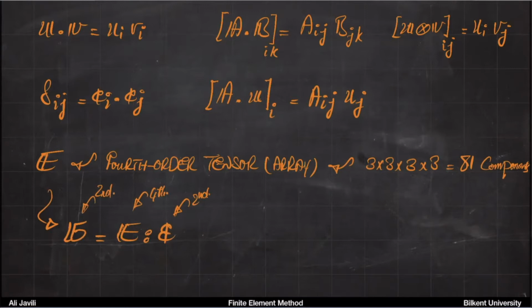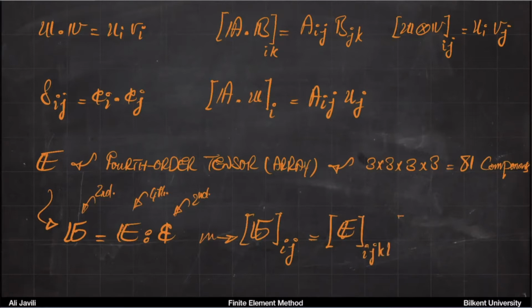Now, using what we have up there, we can write this in terms of its components. This is a second order tensor, that means it has 2 free indices. Let's call them, I don't know, ij maybe. That would be then E. E has 4 indices, i, j, k, l, which is multiplied by epsilon kl.